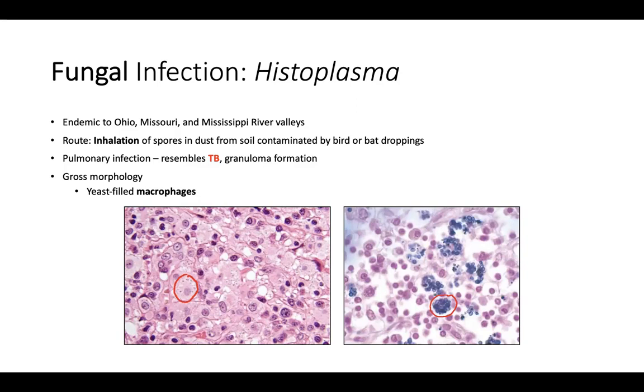So somebody in a cave sniffing bat droppings. Pulmonary infections, it looks similar to TB, and then they get like this granuloma formation. And the gross morphology is like yeast-filled macrophages. So right here, we can see.